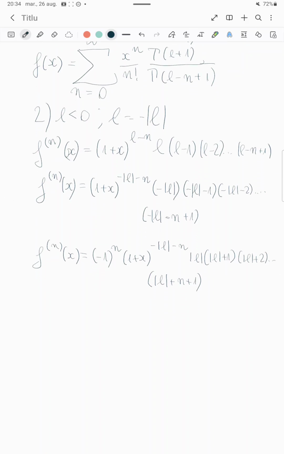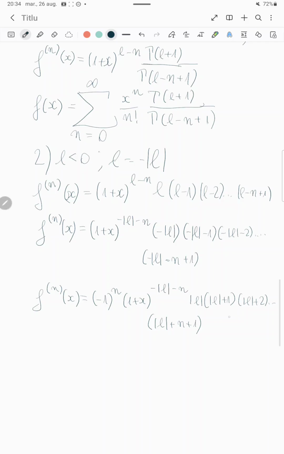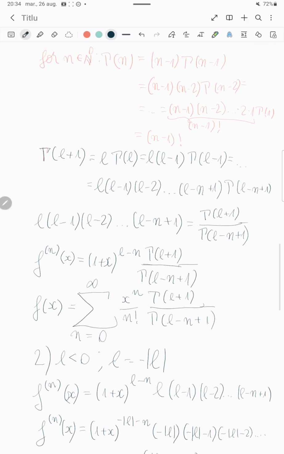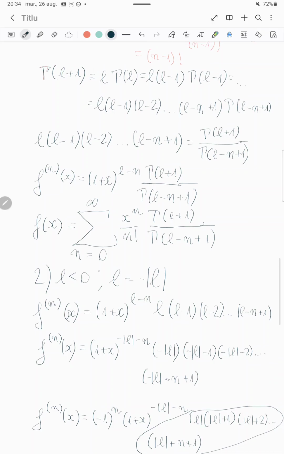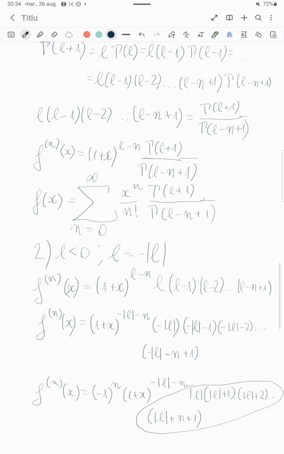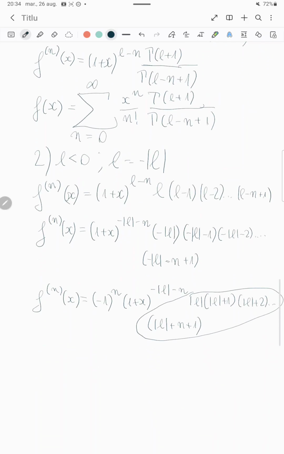Okay, now let's take a look at this nasty product here. Isn't it that this does resemble this? Well, that's correct. It resembles it, except that instead of minuses here, here, and here, we have only pluses.